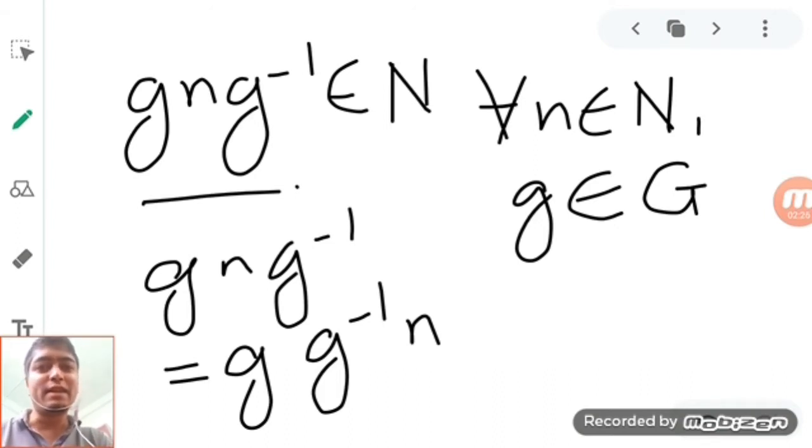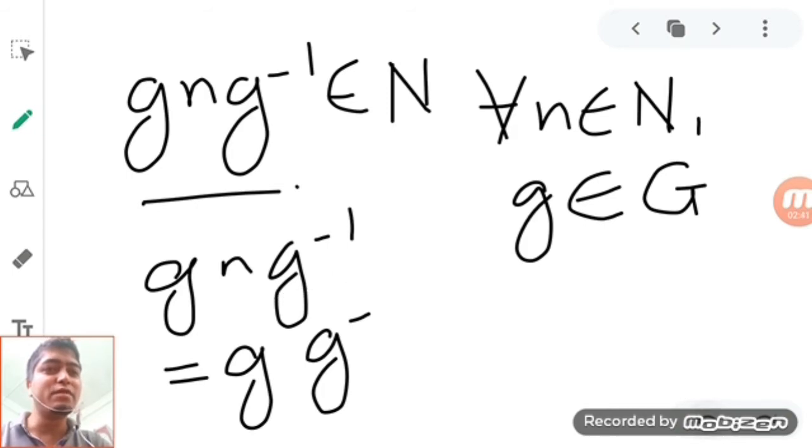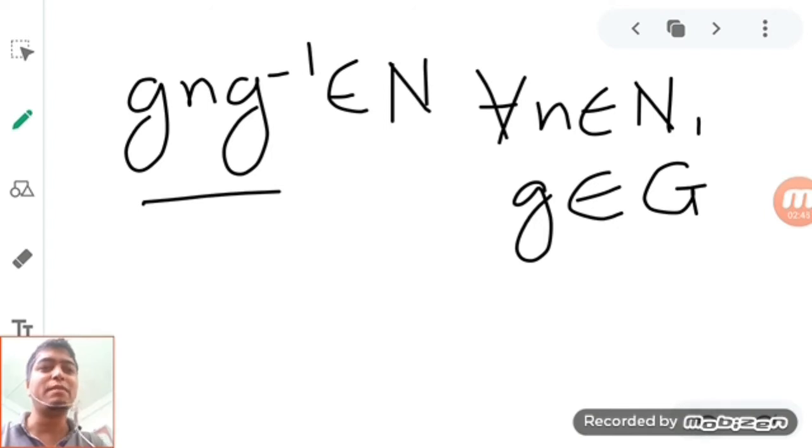If the group is abelian, then of course you can interchange n and g inverse, and then you will get something like this. But if the group is not abelian, then you cannot interchange. I think that is clear. So you can interchange only if the group is abelian.